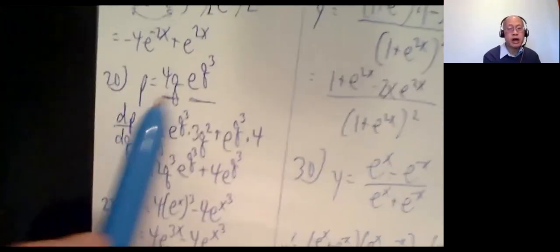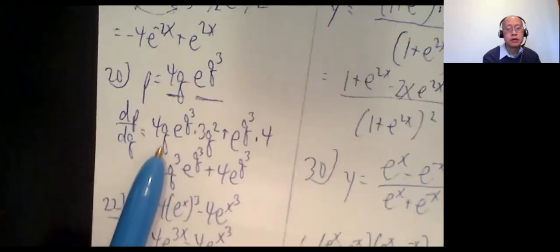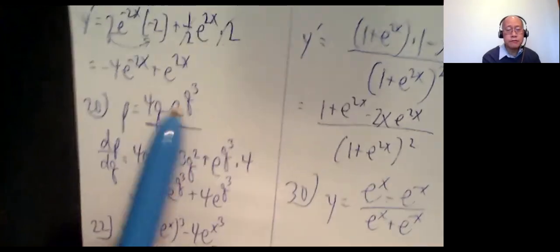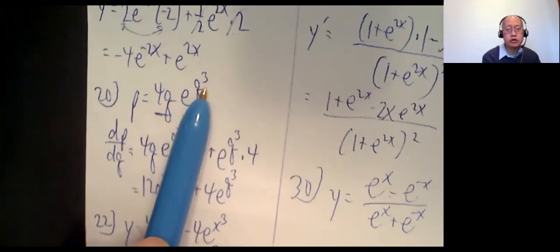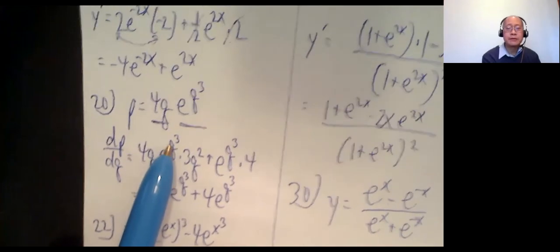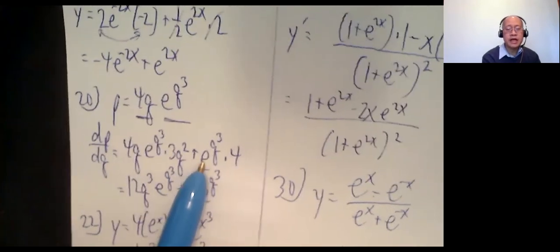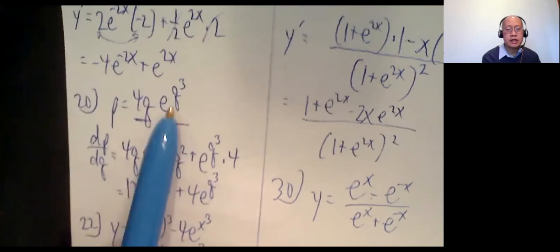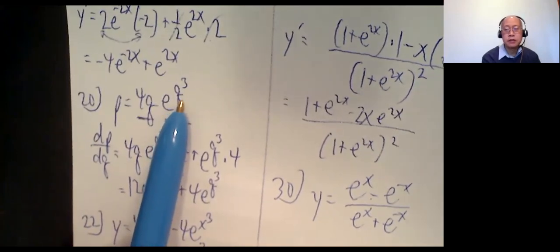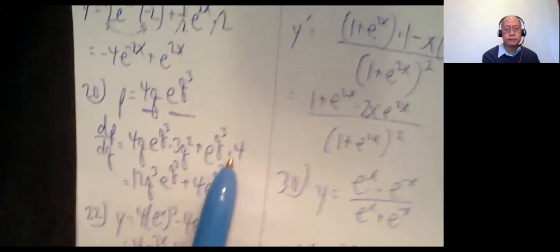All right, so product rule, first function, copy it, 4q times the derivative of the second. Derivative of e to the q cubed, e to the q cubed, times the derivative of q cubed, 3q squared. Plus second function, e to the q cubed, times the derivative of the first, derivative of 4q, 4.